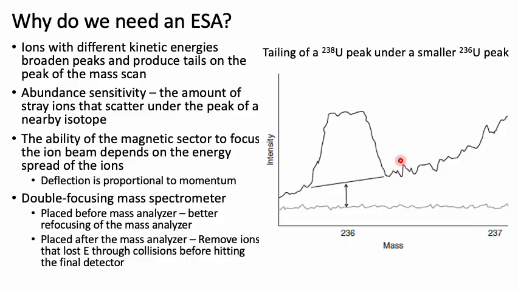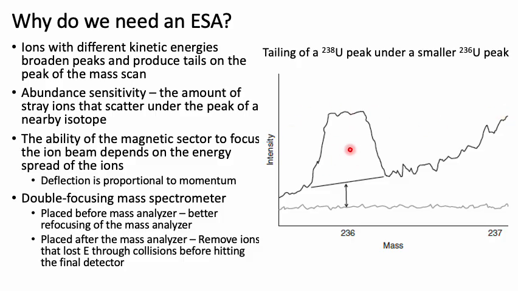Uranium-236 is a really, really minor isotope of uranium. So we see that it has a small peak that we've zoomed into, but notice that it's not flat. When there is no ion beam allowed through the instrument, we have this gray line, and the wiggles in the gray line are just the background noise of the detector. But once we let the uranium isotopes through, we see our 236, but there's also this slope, and that slope is due to the tail of the 238 peak that's nearby.